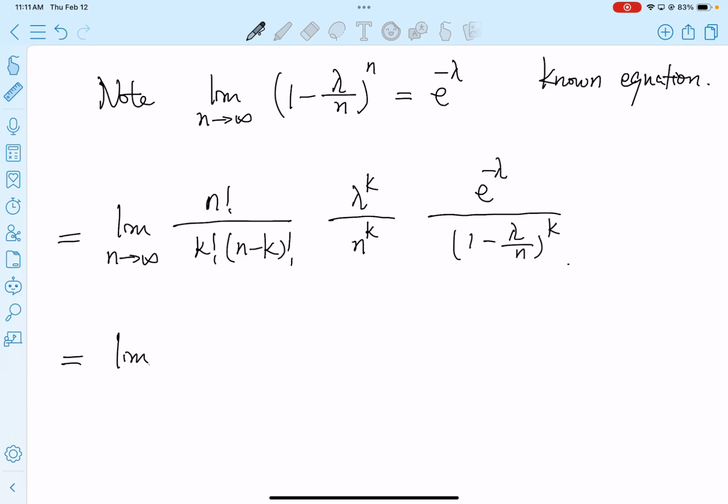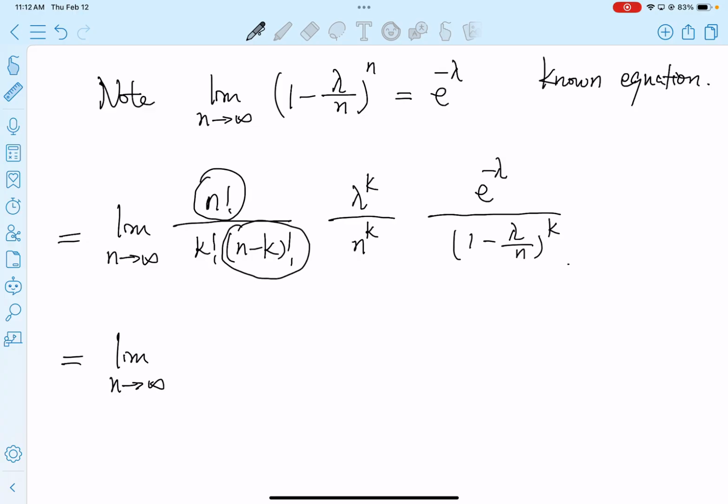Again, we have the limit as n goes to infinity. Now I'm going to cancel out the numerator for the binomial coefficient in the following way. I'm going to cancel out this part and this part.